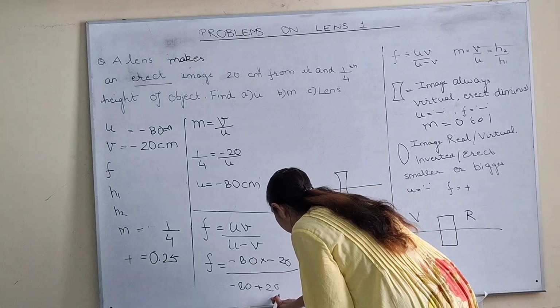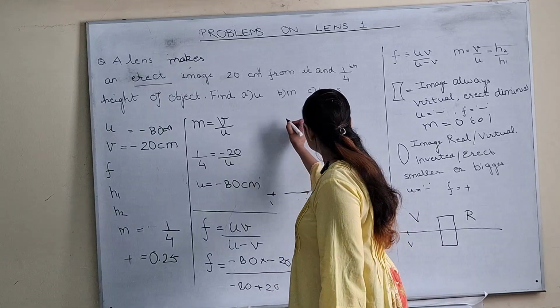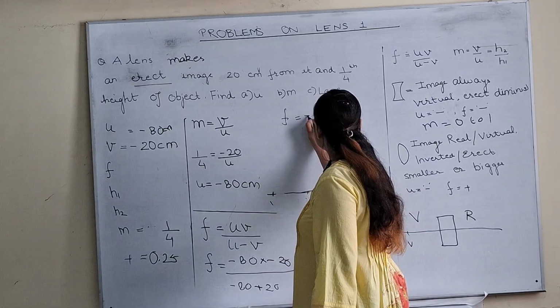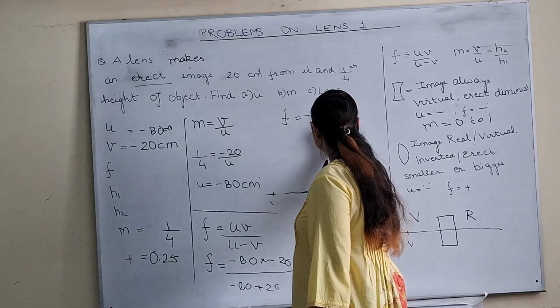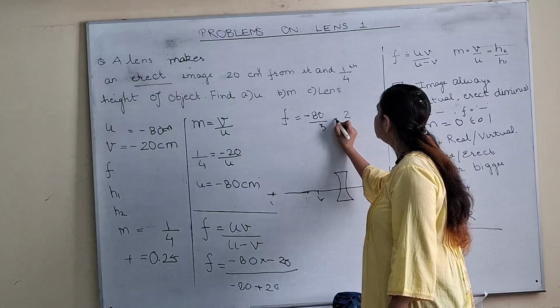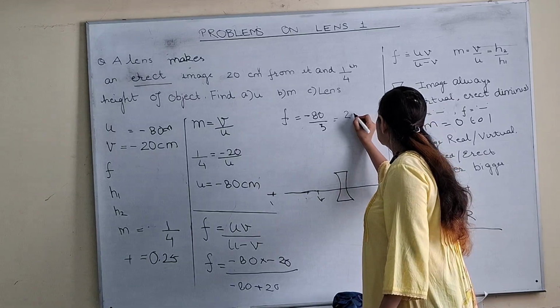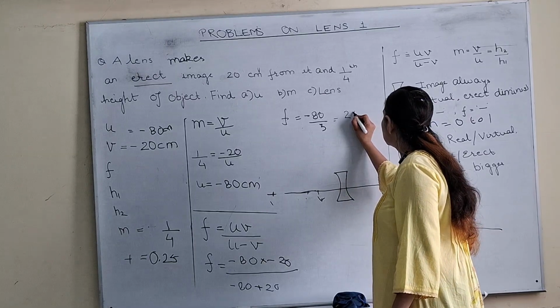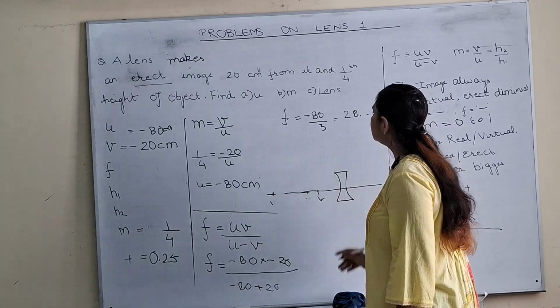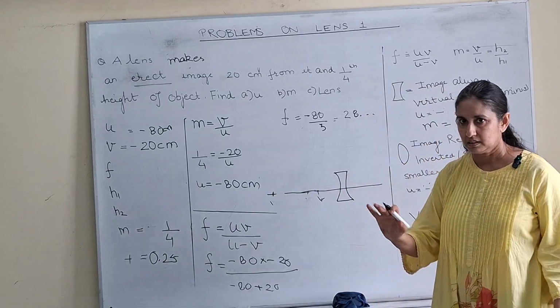I hope it is okay. So the focal length comes out to be minus 80 by 3, which is approximately 28 point something. So the focal length is about 28 centimeter.